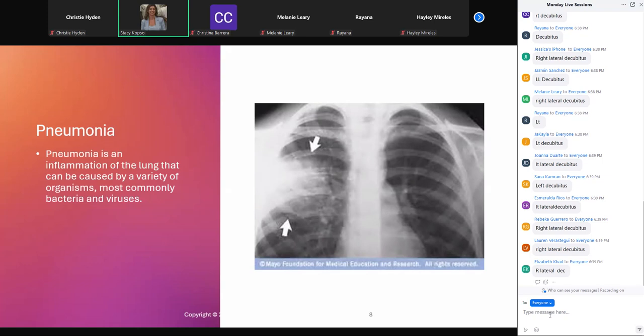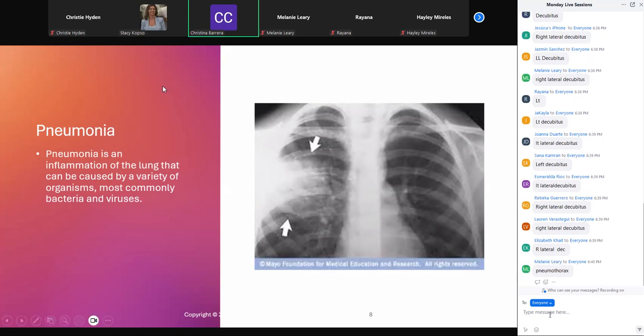What is a type of pathology that's an air pathology? Pneumothorax. Yeah. So a pneumothorax, if it is a left pneumothorax, go ahead and type in the chat, please, everyone.